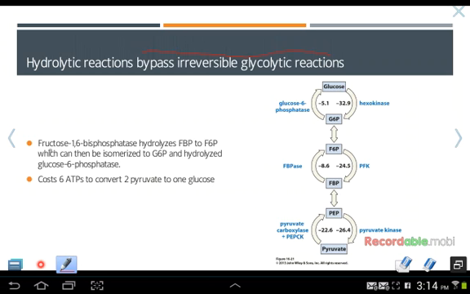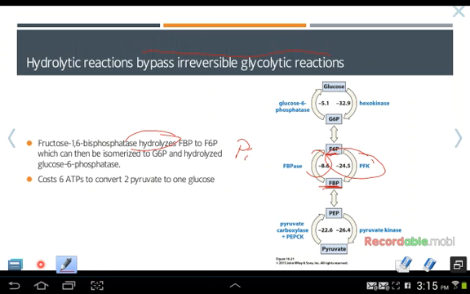So in gluconeogenesis, FBP, fructose 1,6-bisphosphatase, hydrolyzes FBP into fructose 6-phosphate. You can see our delta G is nowhere near as negative as it was with PFK. Instead of doing phosphate group transfer, we are actually just hydrolyzing, so we're creating an inorganic phosphate.